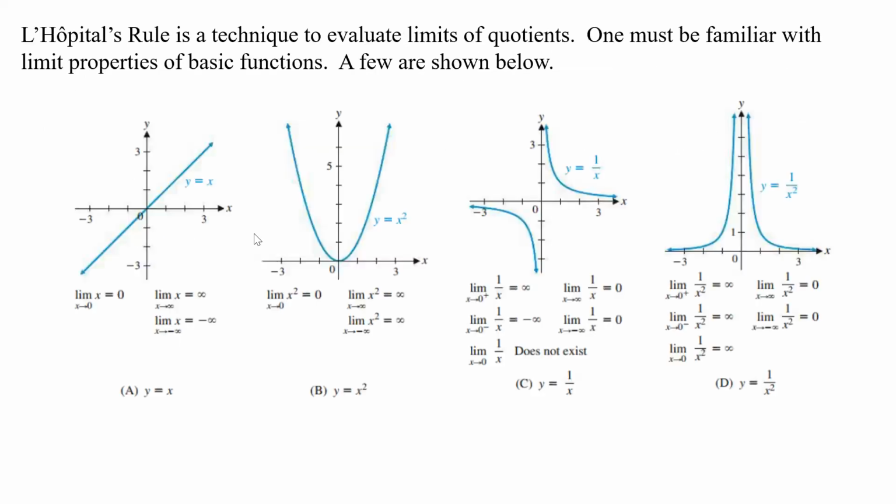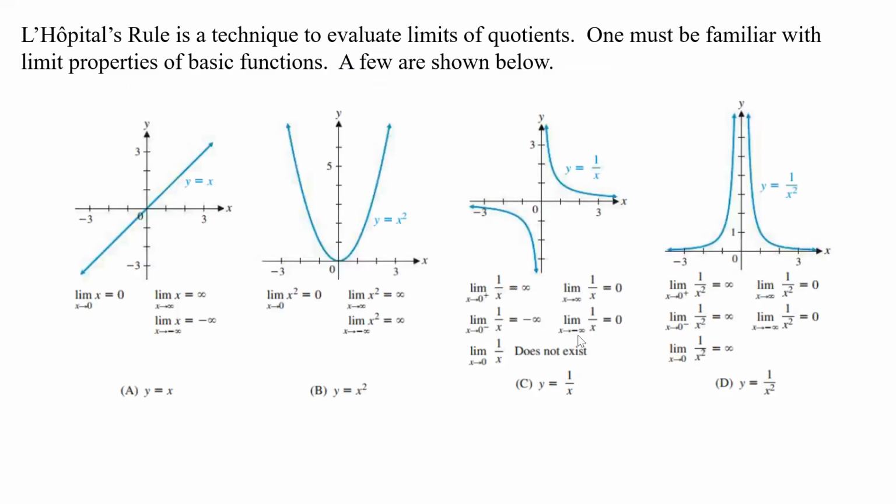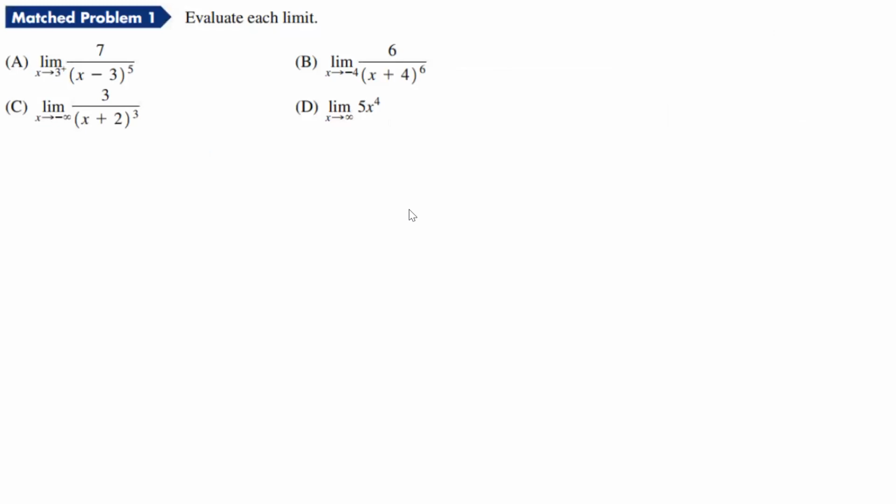If n is even, then the limits involving these expressions behave respectively like x squared or 1 over x squared. So no matter if we have just the 1 over x or the ones with plus or minus c, it's going to behave in a similar fashion. With that said, let's work on our problems here.